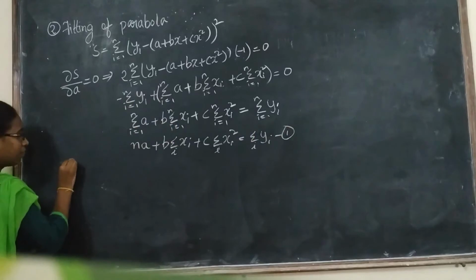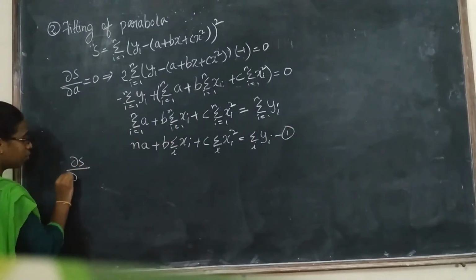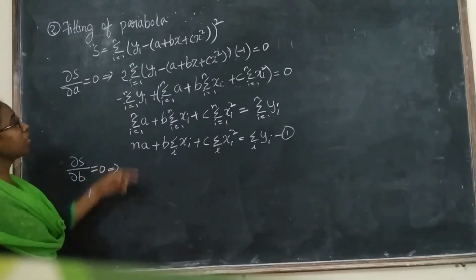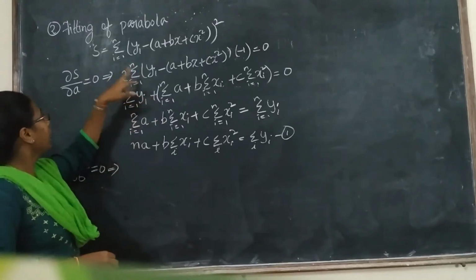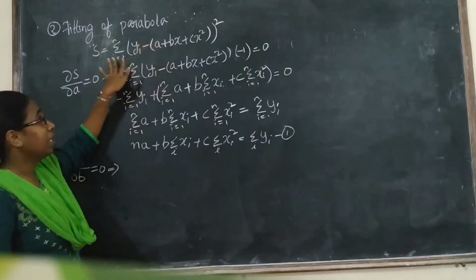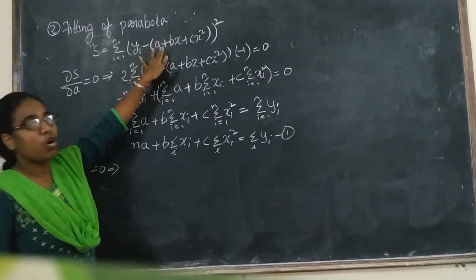Next you partially differentiate dou S by dou b equals to 0. You will get the same procedure. Here we had differentiated with respect to a, now we will differentiate with respect to b. Same procedure, it is in the form of x square.